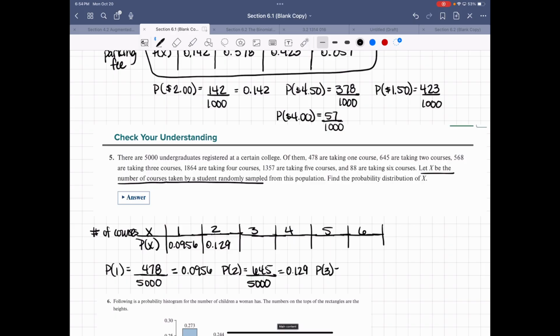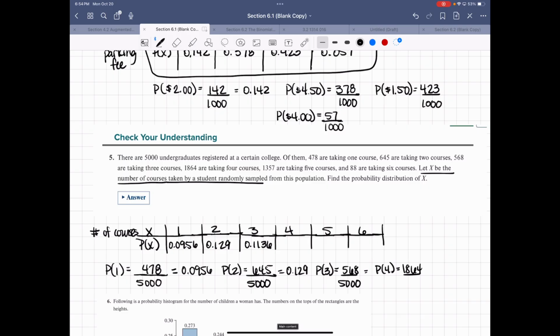Probability of the student taking 3 courses. I have 568, I think, out of 5,000. 0.1136. Good. 0.1136, about 11%.